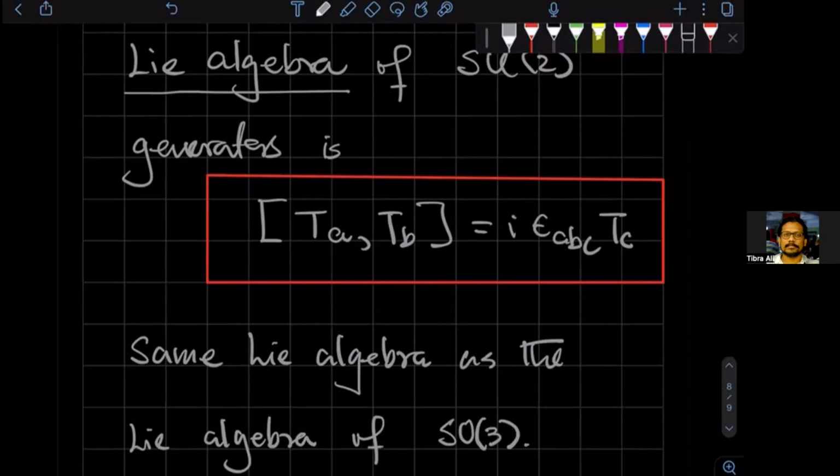So I will do that right now, and after doing that, I will essentially move towards a more formal description of Lie groups. But before that, are there any questions?